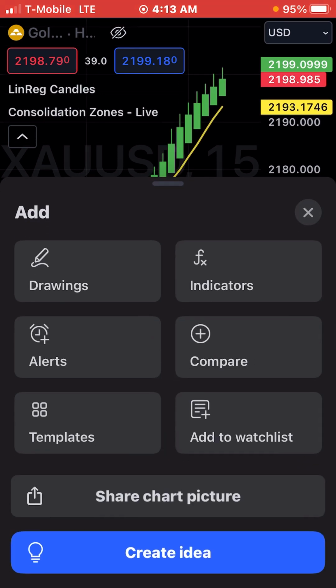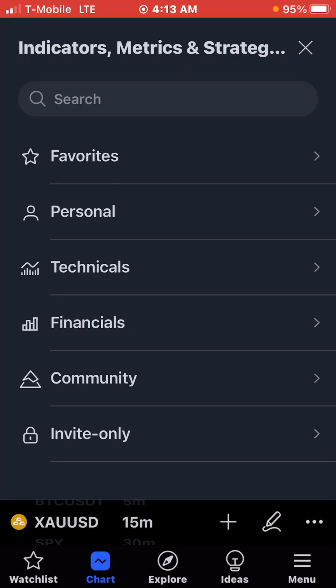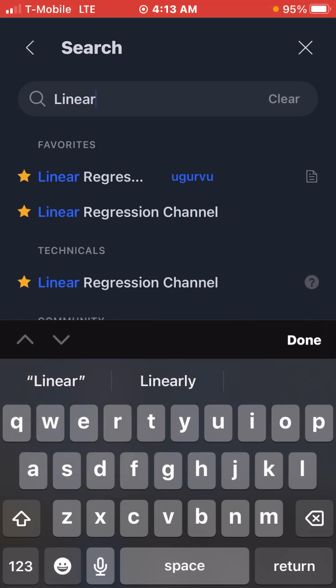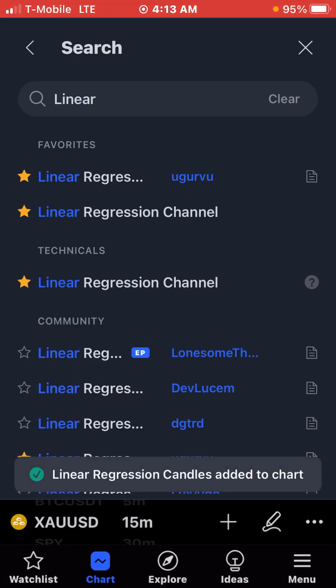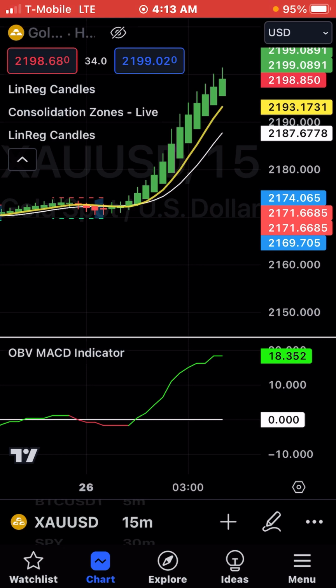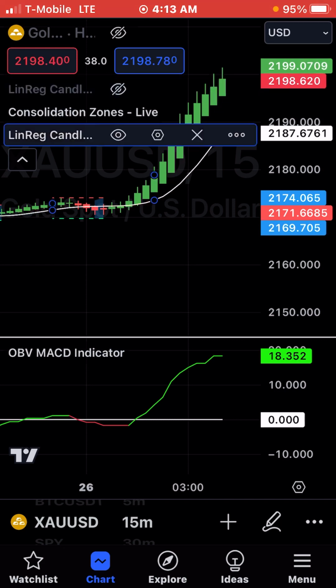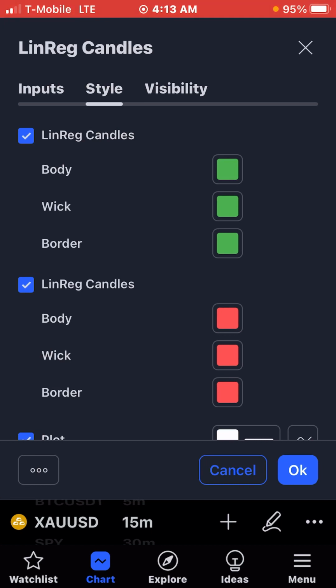You go to your indicators, and you're gonna go to linear regression candles. It's this one right here. So I'm going to hide this first one here. When you set it up, you need to keep the linear candles, the green ones and the red ones.